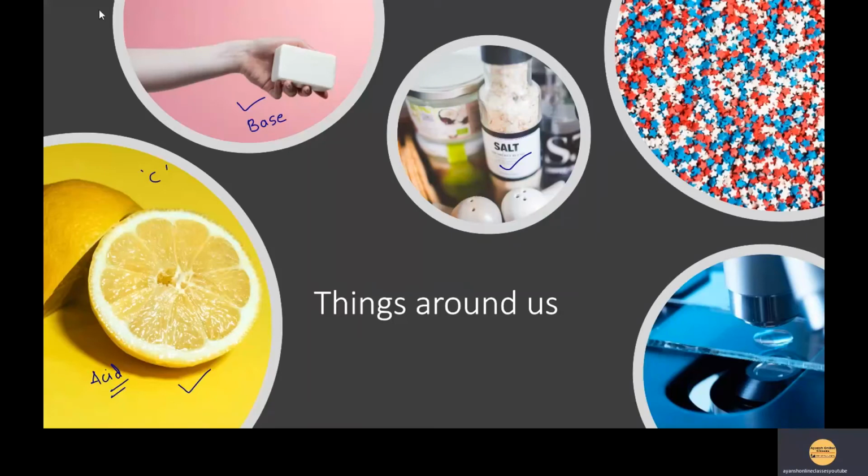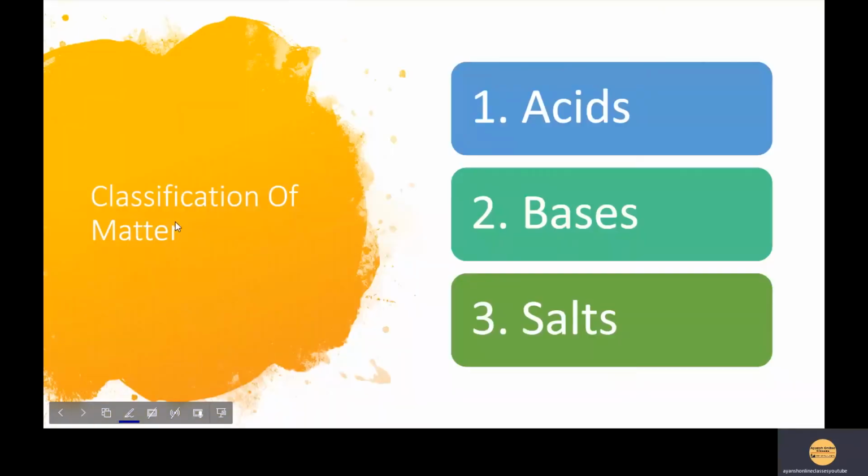Now let's see further. After taking an introduction or classifying the things around us, let's see these things in a precise manner. Now, whatever things are present around us, they are classified broadly into three things.